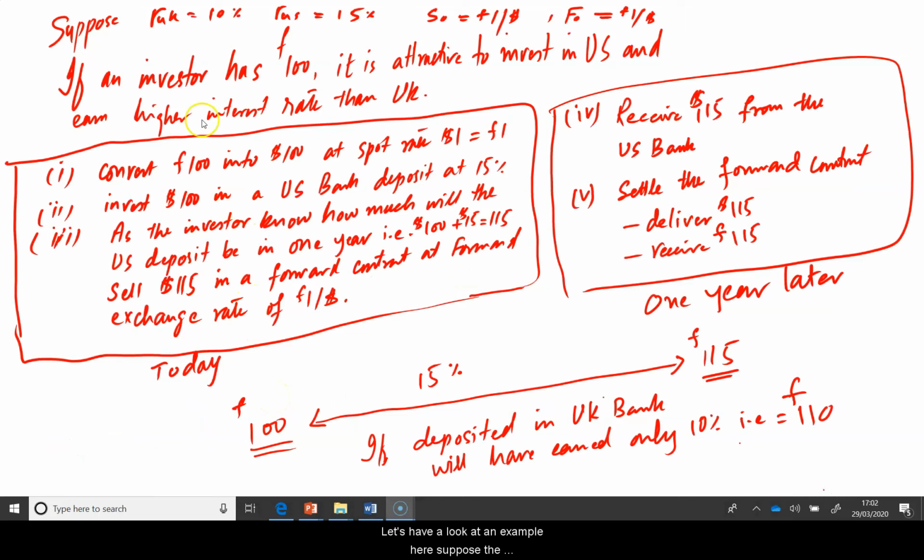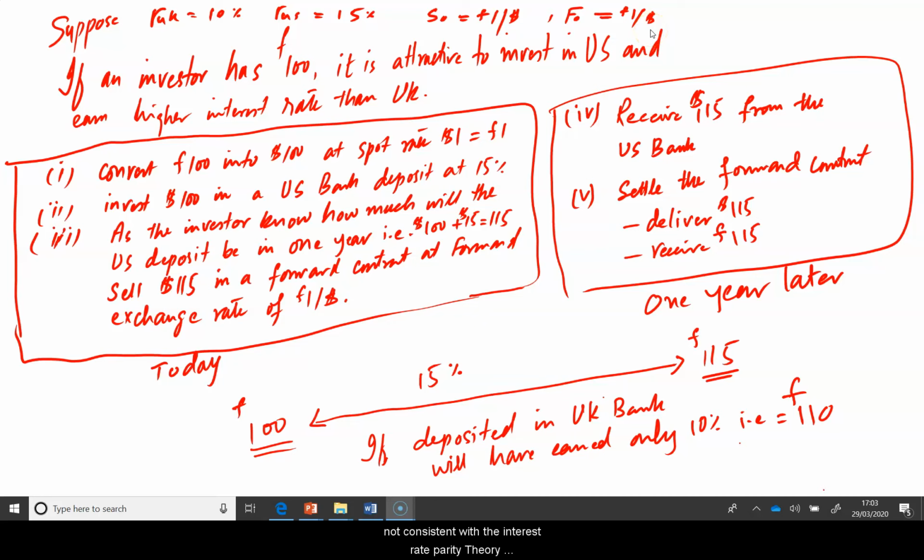Let's have a look at an example here. Suppose the interest rate in UK is 10% and the interest rate in the US is 15%. The spot rate for $1 is £1, so that is £1 per dollar, and the forward rate is also £1 per dollar.